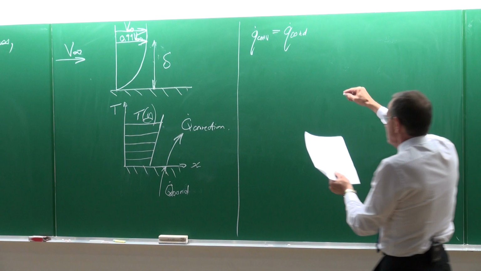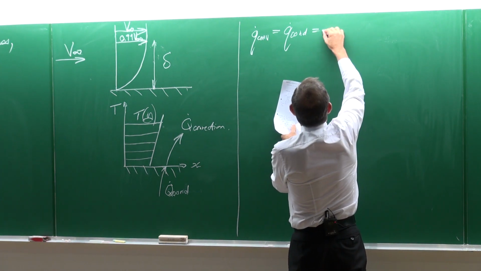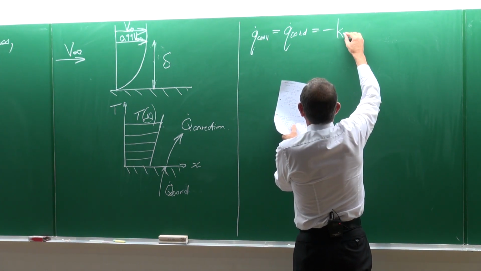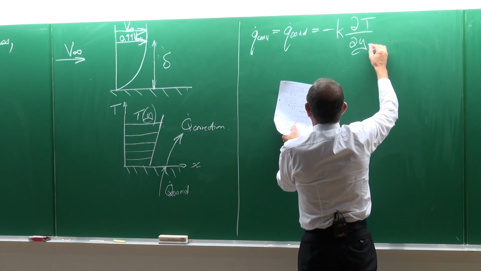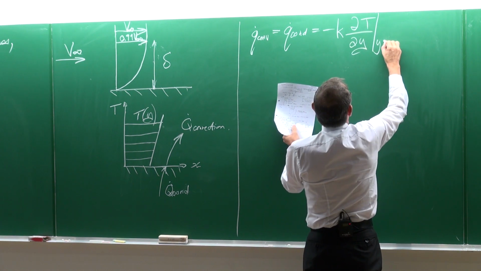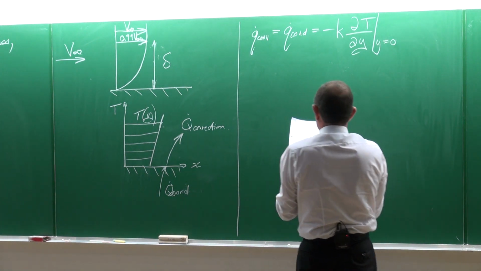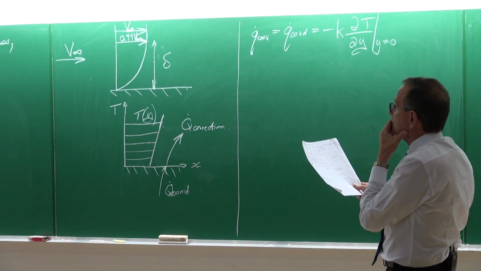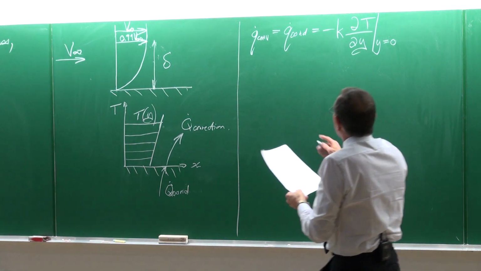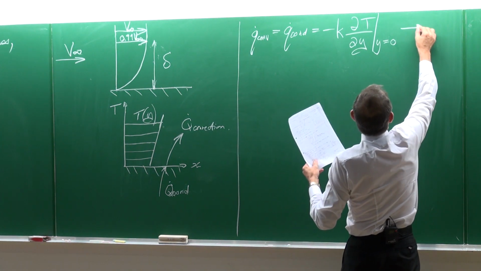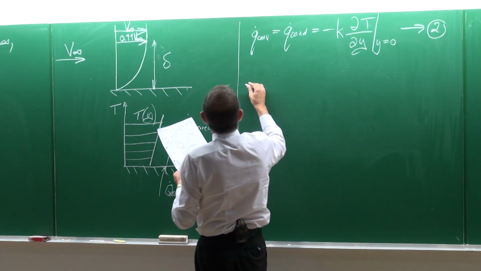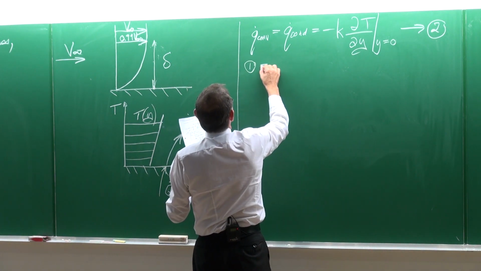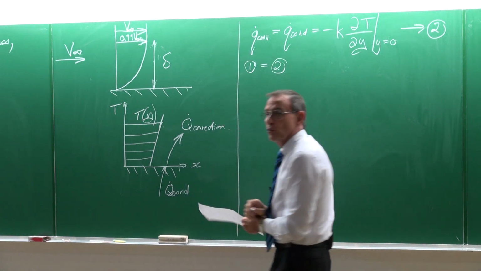And the conduction heat transfer is equal to minus K dT/dy, where y is equal to 0. And what we can do is, let's call this equation 2 and equate equation 1 to that of equation 2.